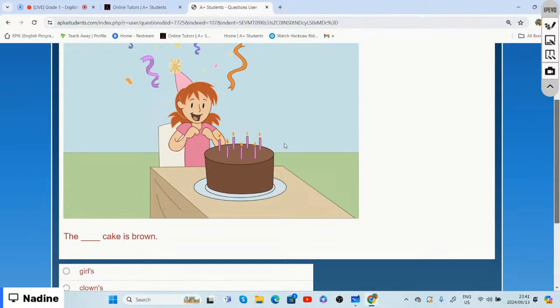All right. So do we say that the girl's cake is brown, or do we say the clown's cake is brown? Whose cake is brown? If we look at this picture, whose cake is brown?